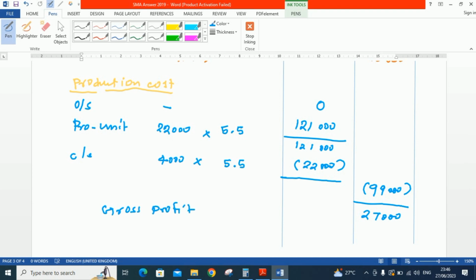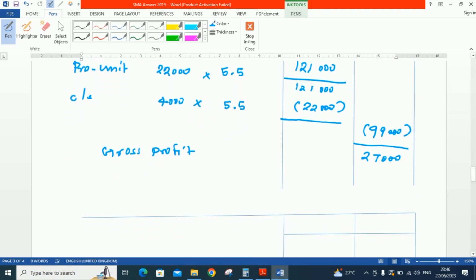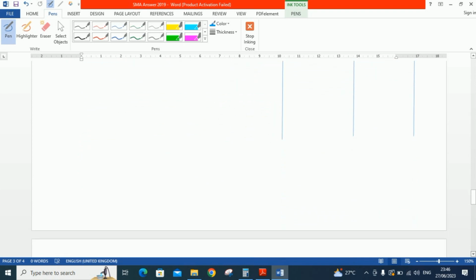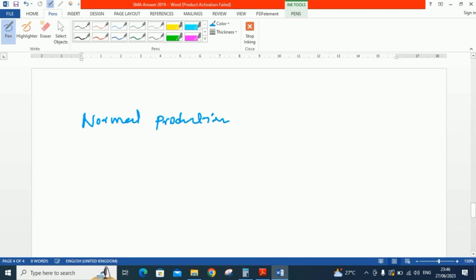Right. Then we need to adjust the over absorption and under absorption. What is the meaning of over absorption and under absorption? In a production company, there's a normal production unit. When we use the resources and efficiency level as normal, how many units we can produce, that is called a normal production unit.